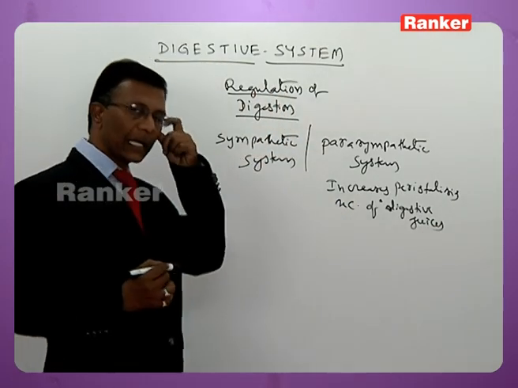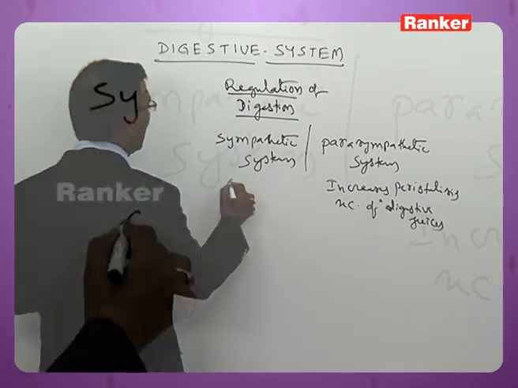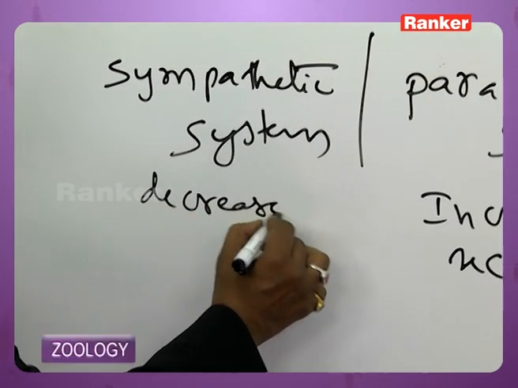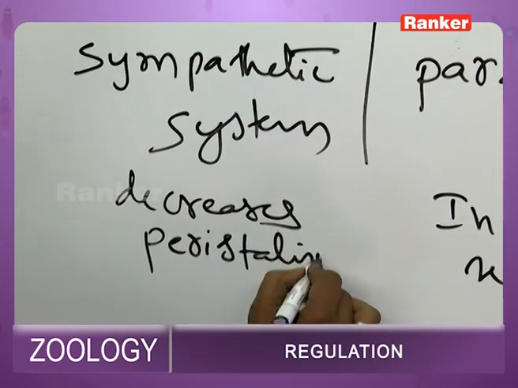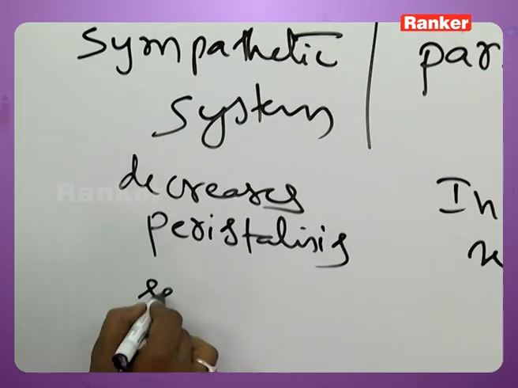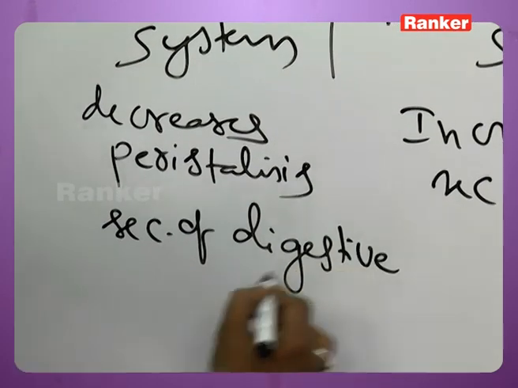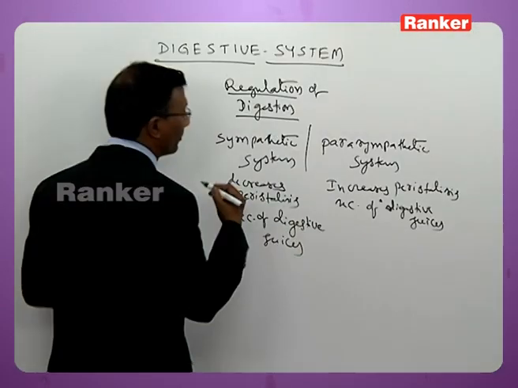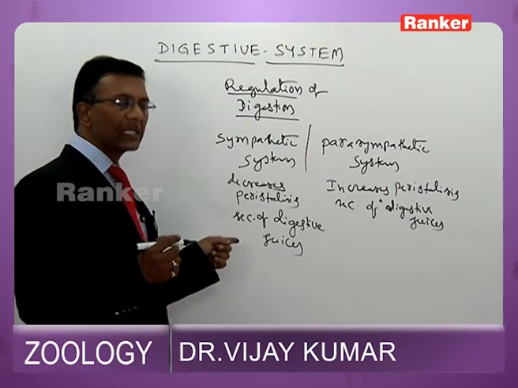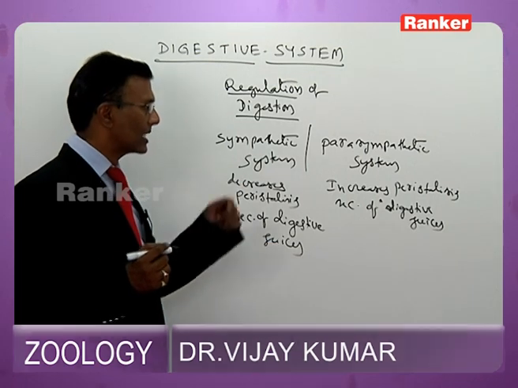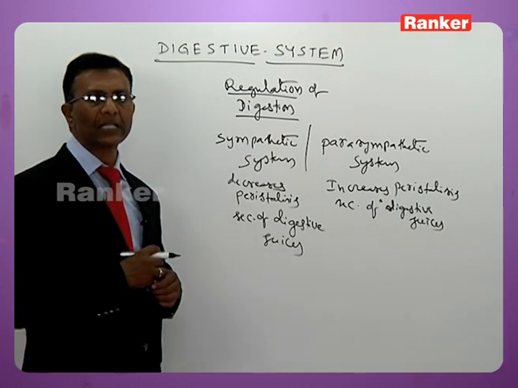The sympathetic system decreases peristalsis and decreases secretion of digestive juices. Right? Both of them are antagonistic to each other. The sympathetic system decreases peristalsis and secretion of digestive juices, while the parasympathetic system increases peristalsis and secretion of digestive juices.